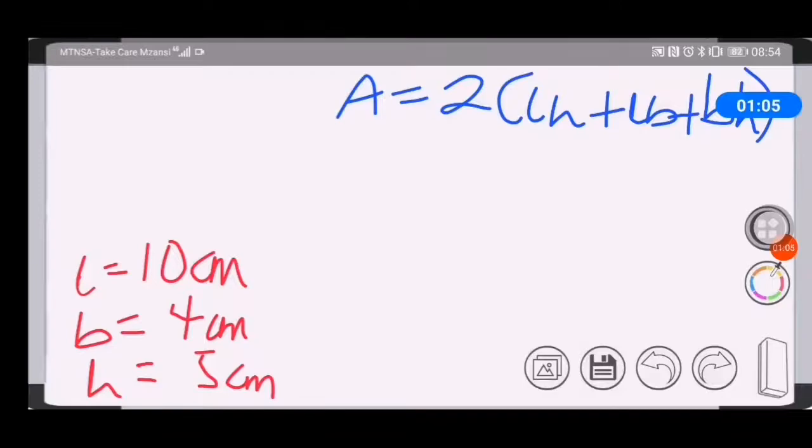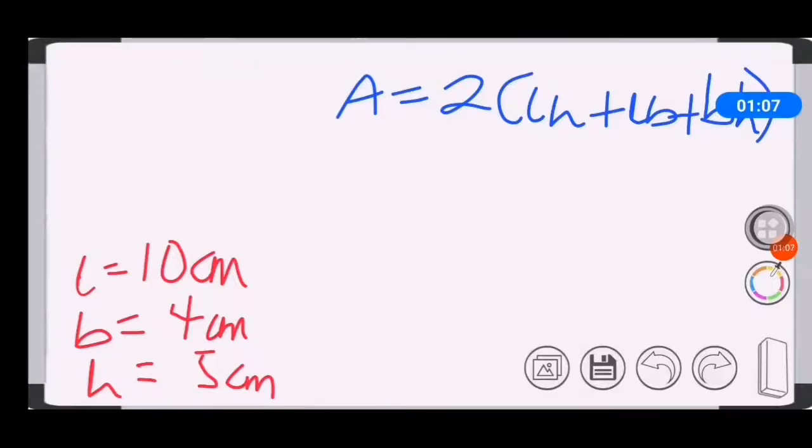So that is how we are going to substitute. Now we know this information, which will be easier to substitute into that. We're going to have our area as 2, it's still outside. You know what, you can even work out this differently, then you add them together at the end.